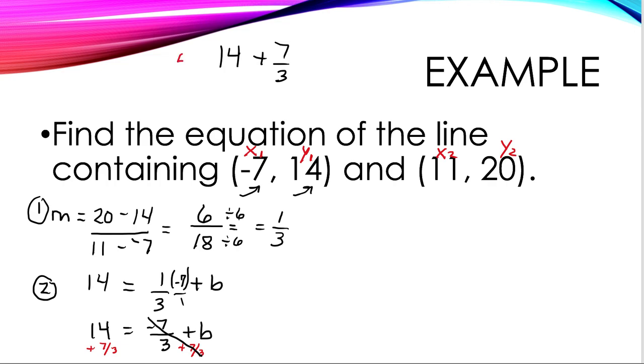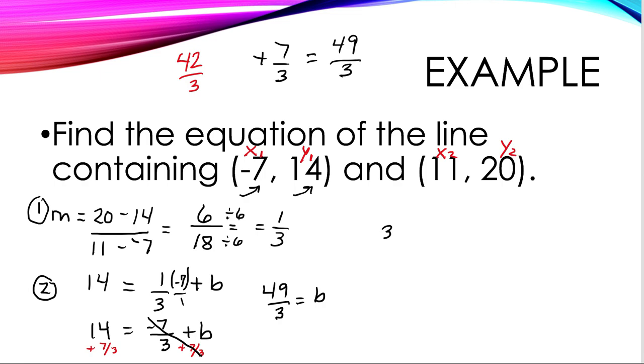So if I wrote this as 42 over 3, that's going to be the same thing as 14. 42 divided by 3 is 14. So with that in mind, when I add them together, 42 plus 7 is 49, and the denominator stays at 3. So I have 49 over 3 is equal to my b value.